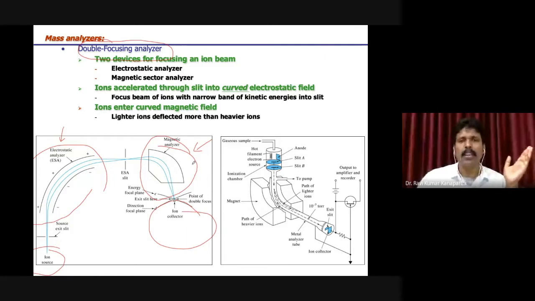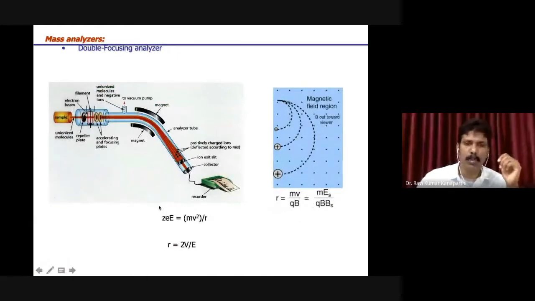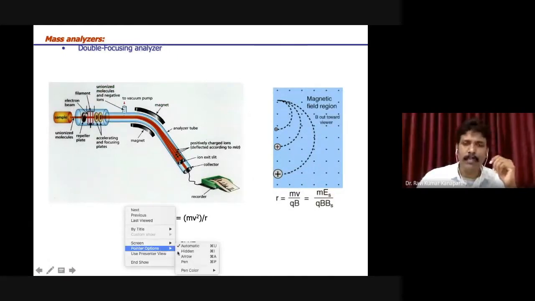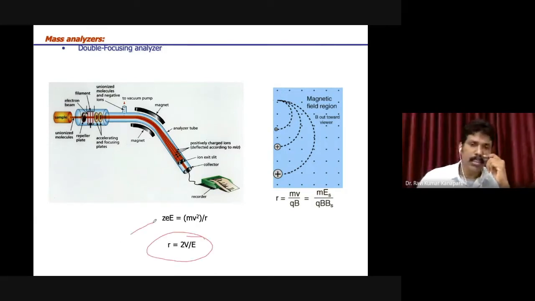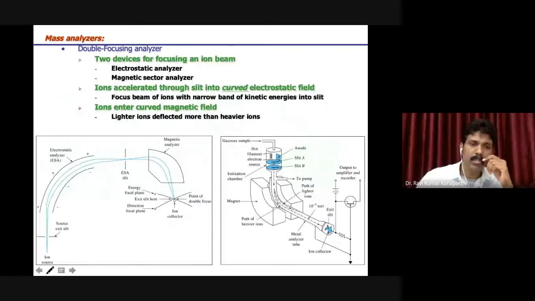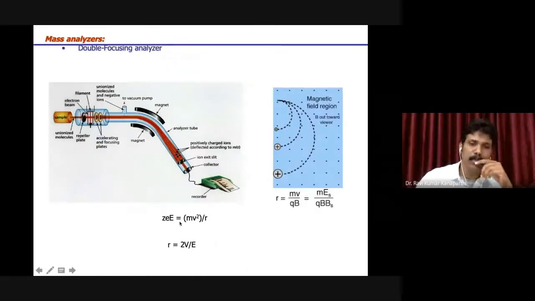The advantage with this is that you can again do some small math, and it is possible to prove a simple equation. Just after the ions, you have the lenses, and then there is the electrostatic field. When this electrostatic force is equal to the centripetal force, the ions travel in a circular path.